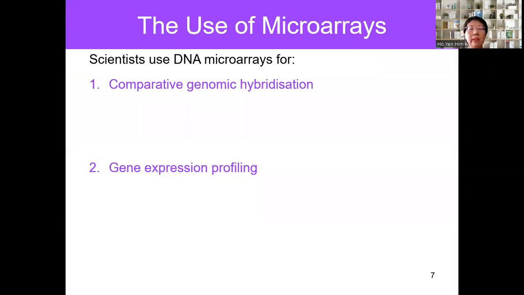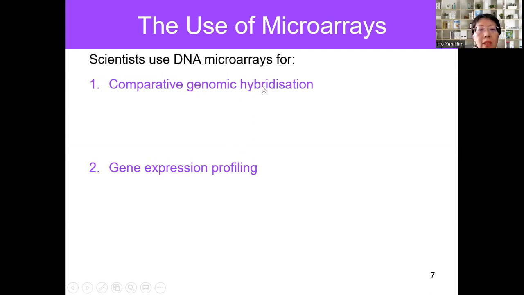Now we have learned what a microarray is. We want to see what scientists have used microarrays for. Scientists have used DNA microarrays for, number one, comparative genomic hybridization, and number two, gene expression profiling. So what do these two things mean?